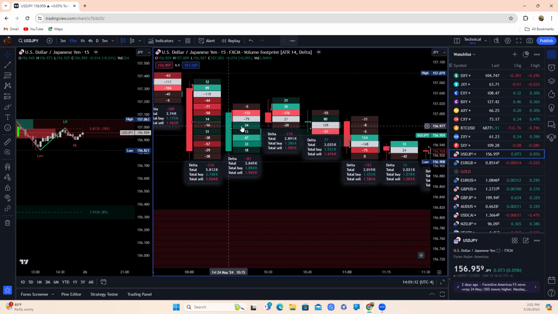But the buying was at specific levels, which were lower, below the point of control. Remember, this white area right here is the point of control within this candle, right? So we see that the point of control was one negative delta, and then everything above it was negative delta.